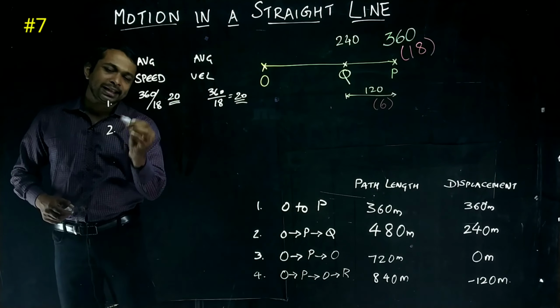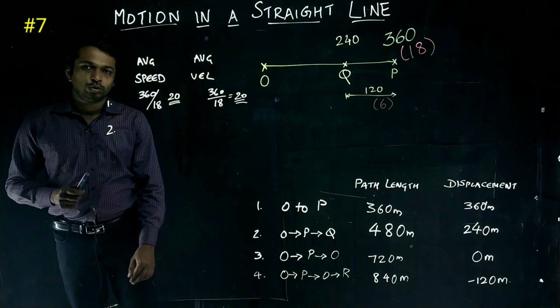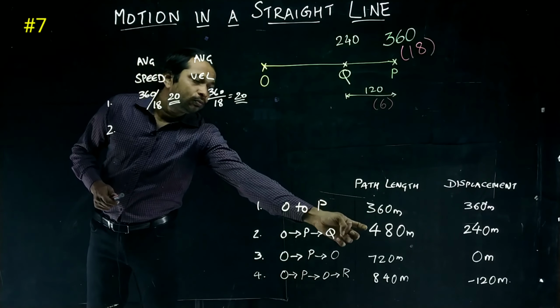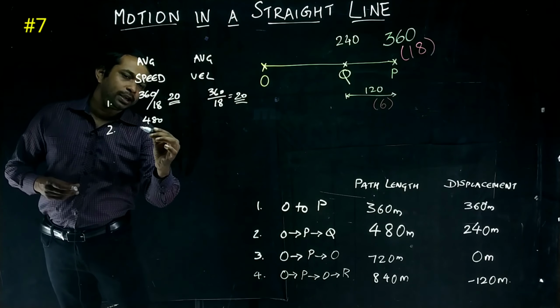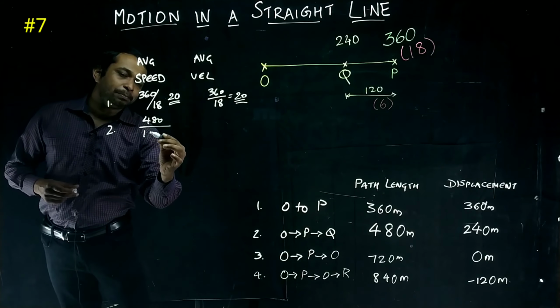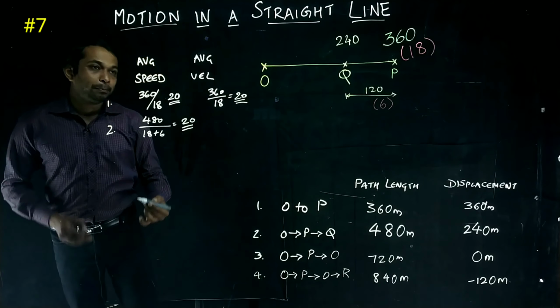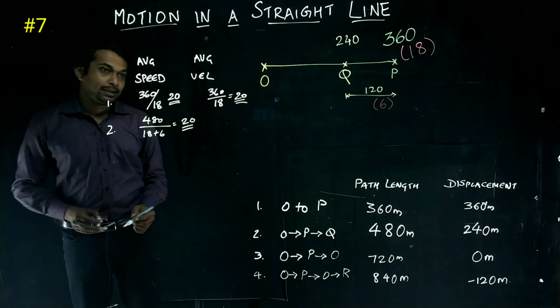Okay, now in the second case, it has come back to Q. So the total distance is 480 and the time became 18 plus 6, so 480 divided by 24 is giving you another 20. But here, what is the average velocity?